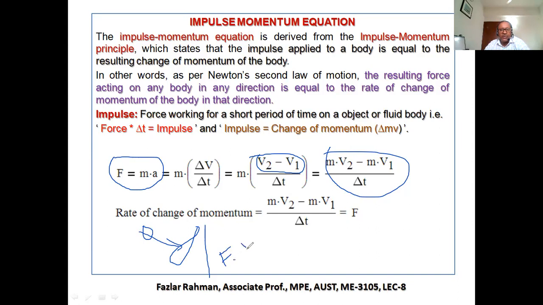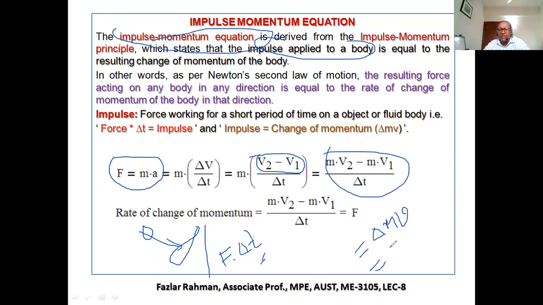So force into delta T, that is called impulse. So the impulse momentum equation says that the impulse on a body is equal to the change of momentum. That means F into T equal to the change of momentum, so you will get delta mv.